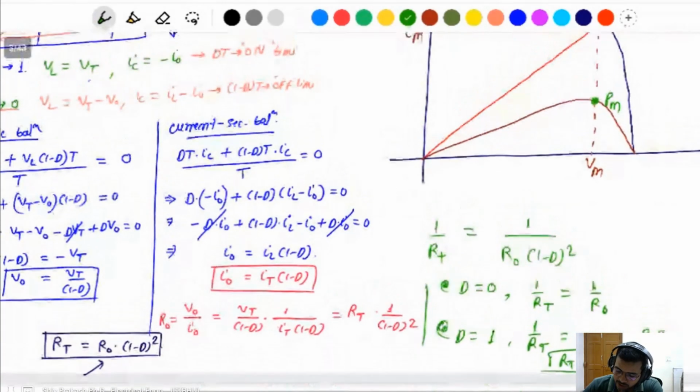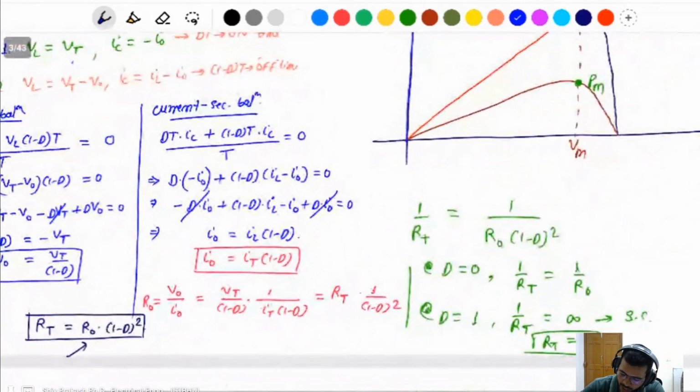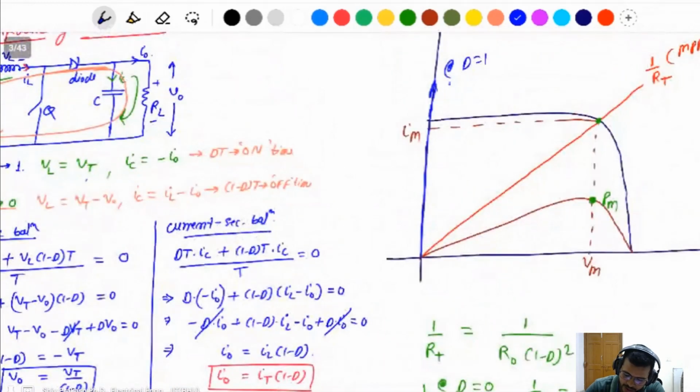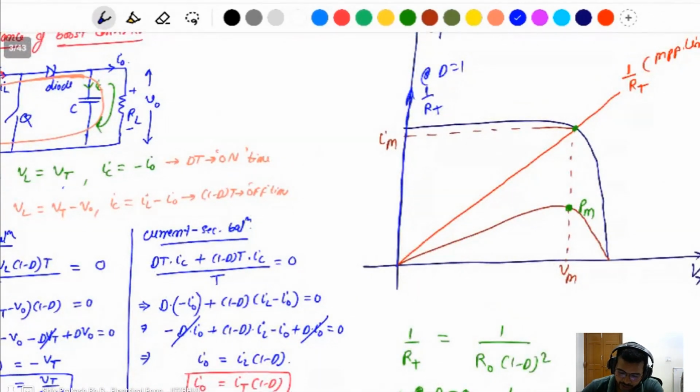Then this point you can find here, where D is equal to 1. At D is equal to 1, 1 by RT is here, and at D is equal to 0, it will be 1 by R naught only. Whatever load you connect, it should be anywhere from here to here. You don't know, it depends on the R naught value.